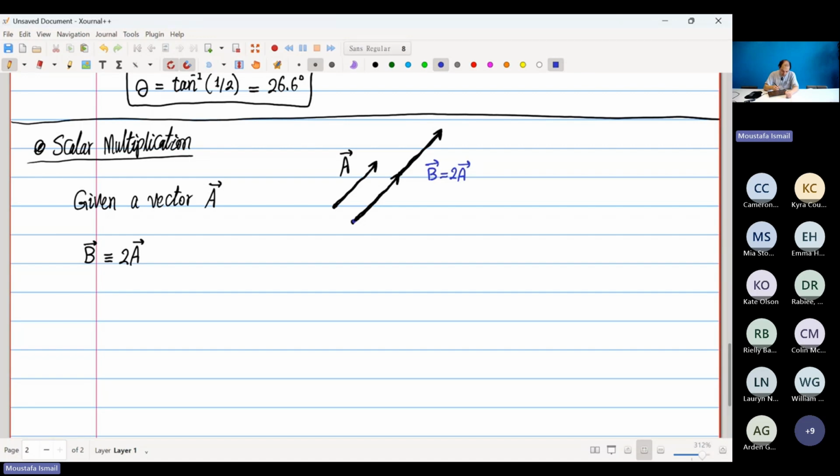We can also have another vector C that is negative A. Multiplying by a negative sign makes the vector reverse direction.